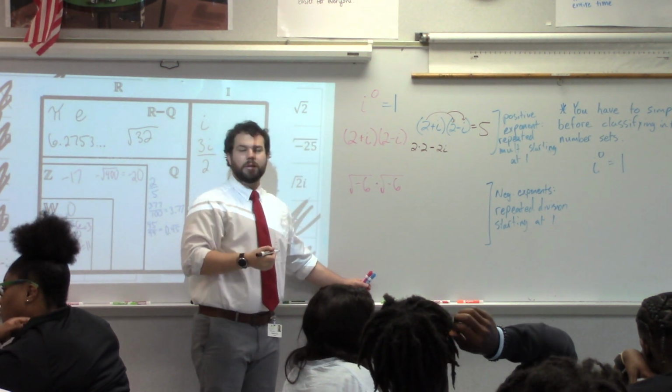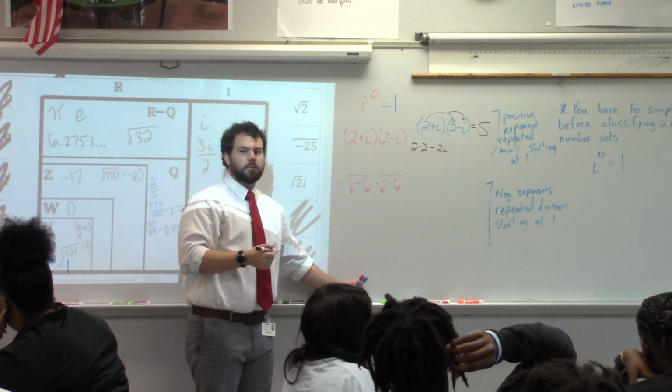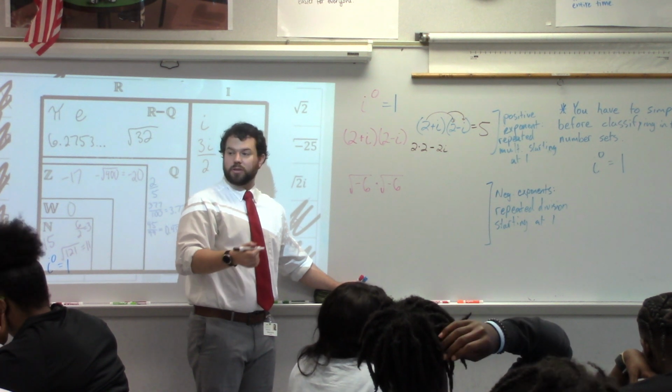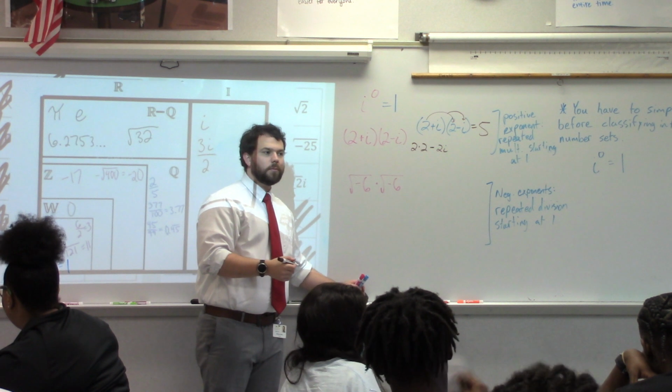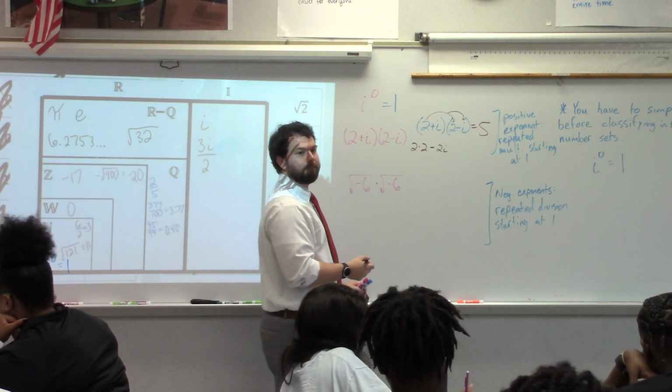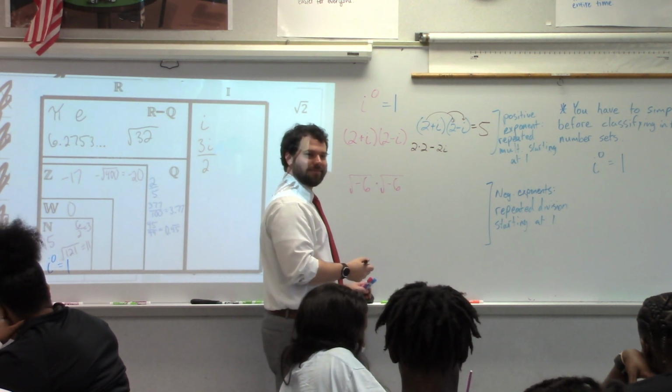What property are we using there? Distribution, right? You could use the area model as well. Either one's fine. So now what?